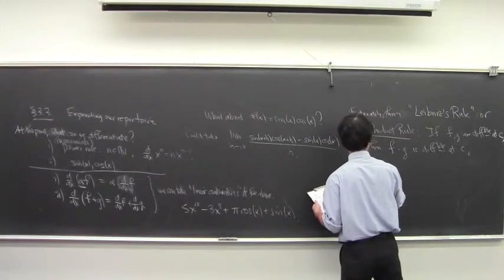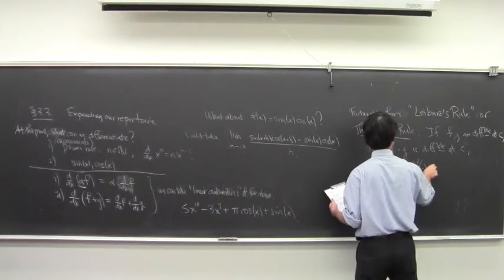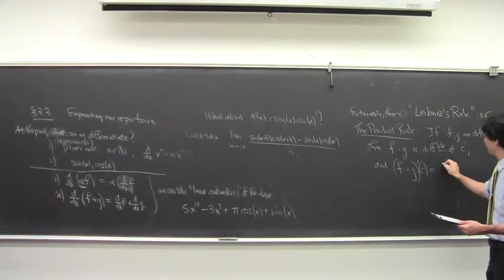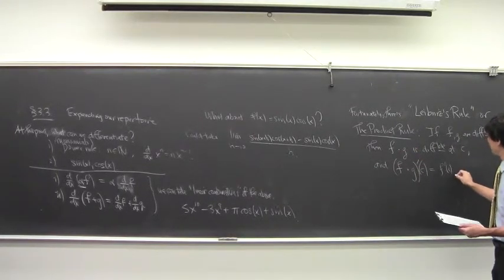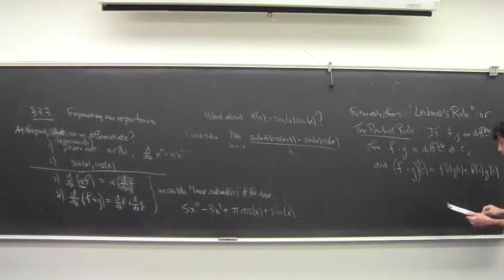And the derivative of the product is going to be the derivative of the first times the second plus the first times the derivative of the second.